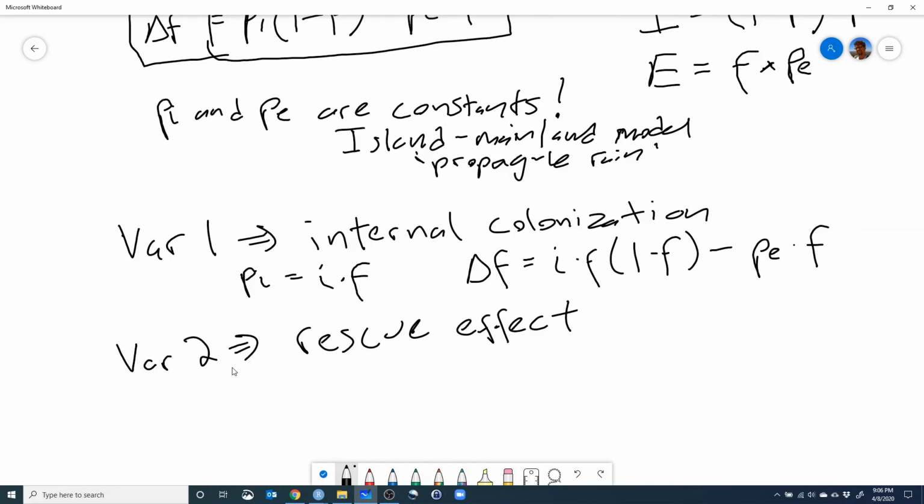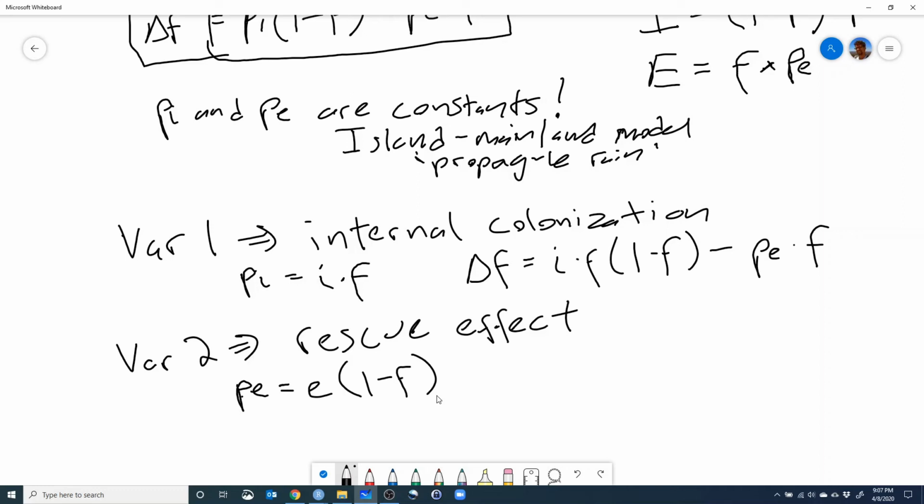All right. So we can now make pe, the per patch probability of extinction, a function of f, just like we made pi a function of f. This time, we create a new term, E, and we multiply it by the extent to which the metapopulation is unoccupied.